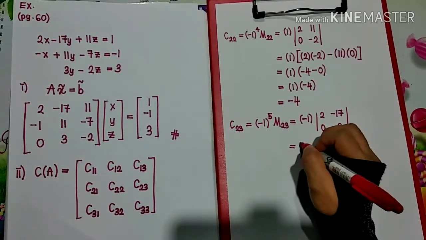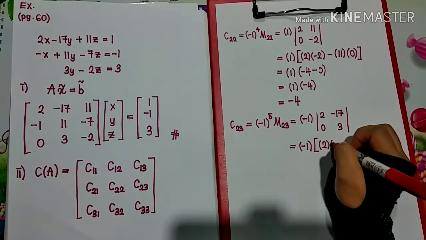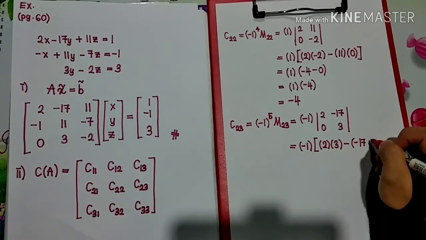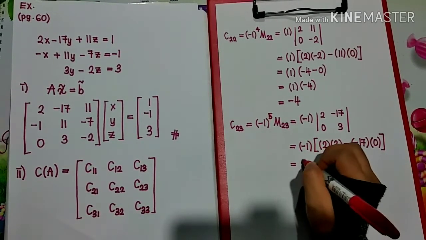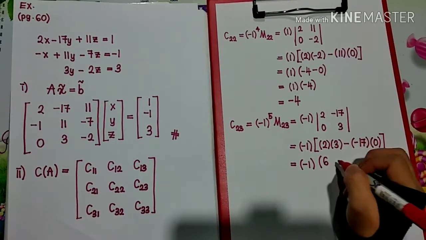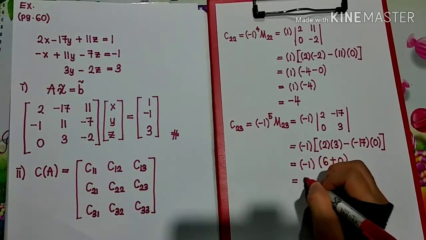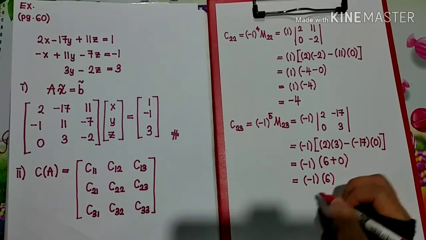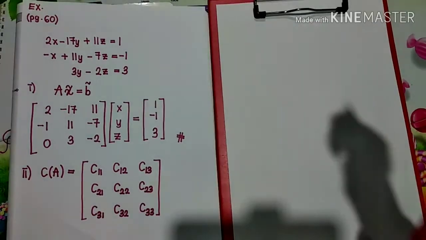And then we solve for this one as usual. So what you will have here: 2 multiplied with 3 minus negative 17 multiplied with 0. So you will have negative 1, 2 multiplied with 3, 6, plus 17 multiplied with 0, 0. So negative 1, so 6 plus 0, you will get 6. And then what you will get here, negative 6.